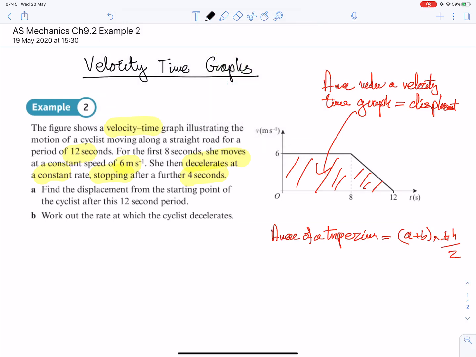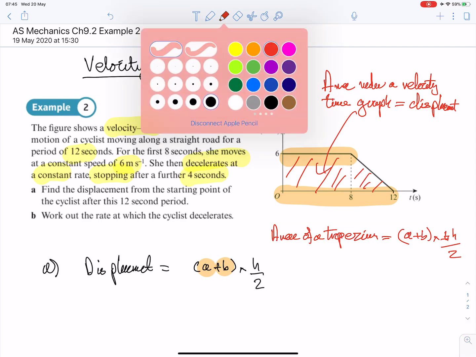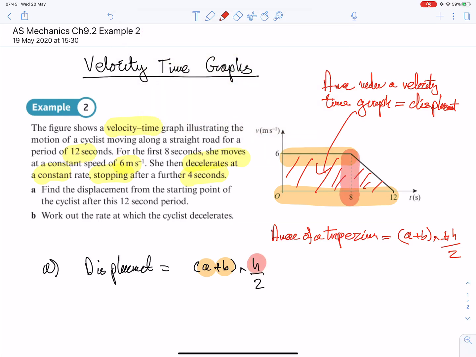Okay, so this part A, displacement, is equal to area under the graph, which is A plus B times h over 2. So A and B are our parallel sides, and h is the distance between the two.